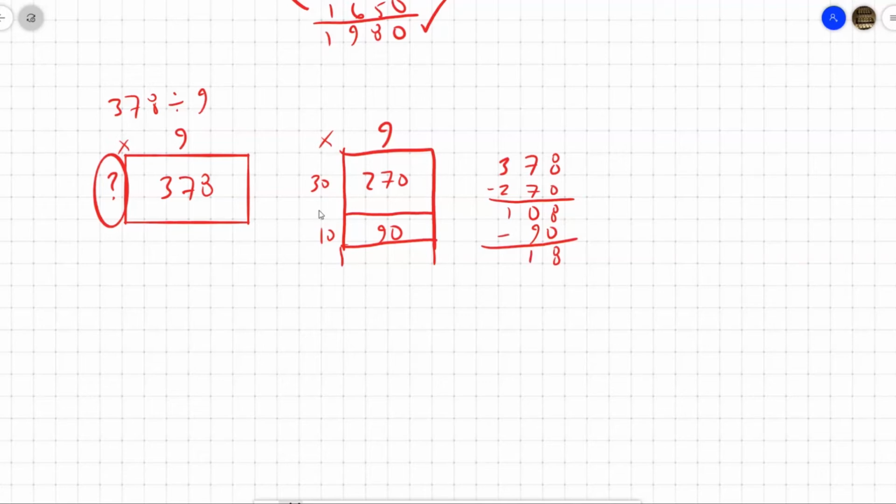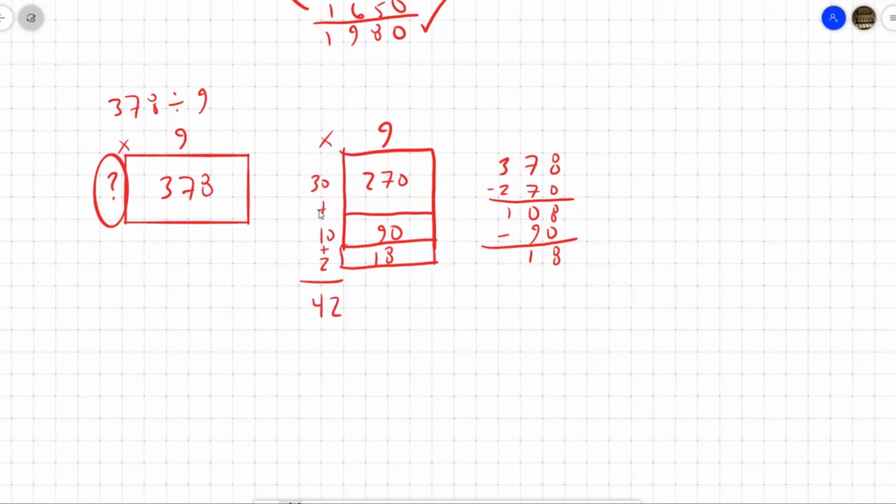And then how many 9s are in 18? Oh, that's easy. There's 2. There's 2 9s in 18. And so now I've found all of my pieces. And so this side length over here is going to give me my answer, my other missing factor of what I multiplied by 9 to get 378. So it's 30 plus 10 plus 2, and so that gives me 42.